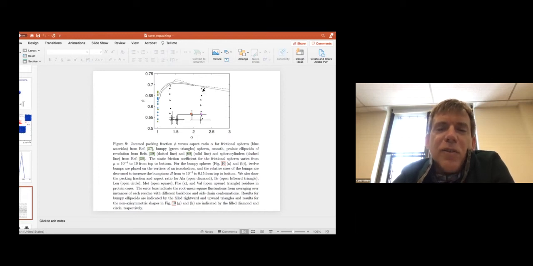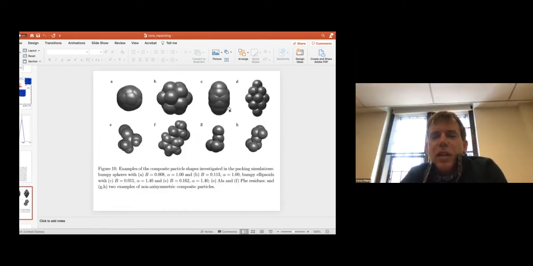As I increase the friction coefficient, I go downward in packing fraction. And so here you can see that I can basically match the bumpiness at each aspect ratio to a particular amino acid.